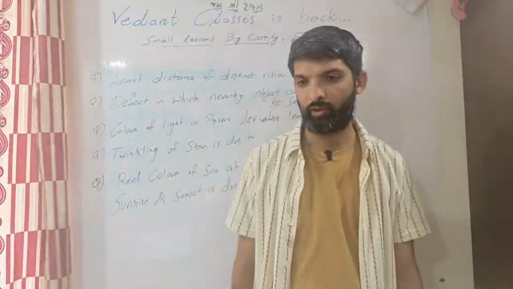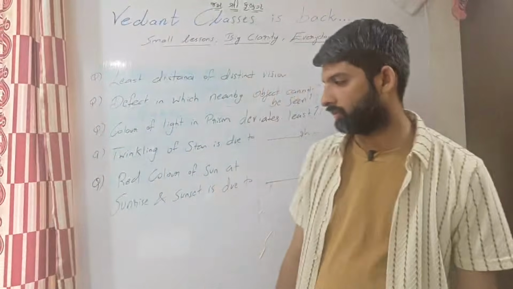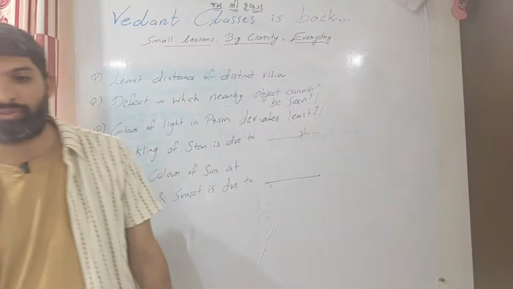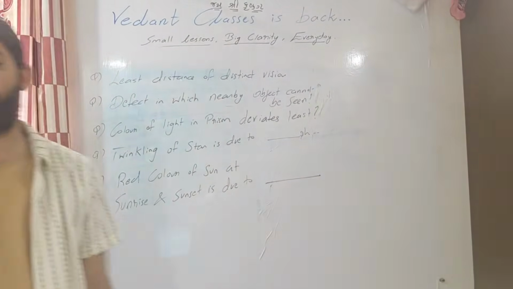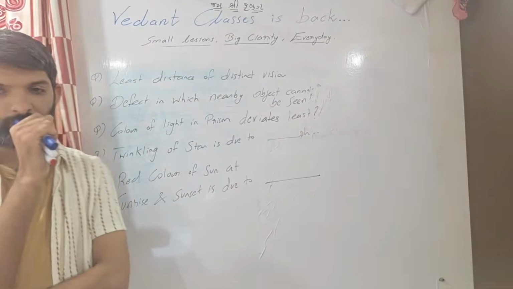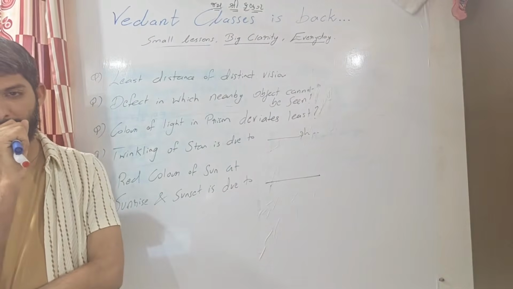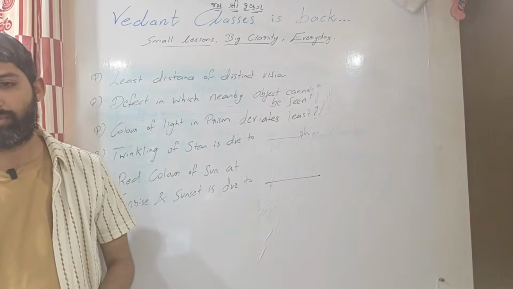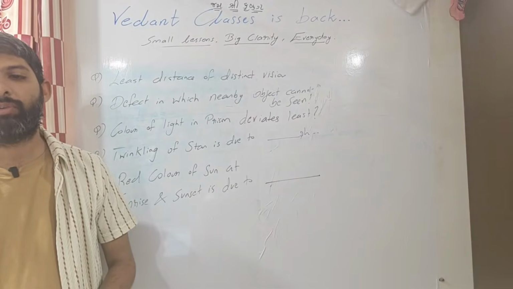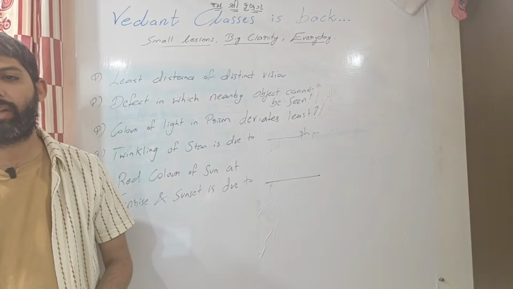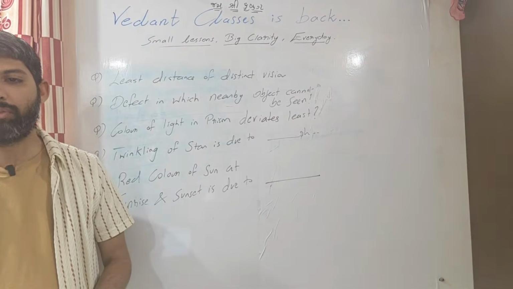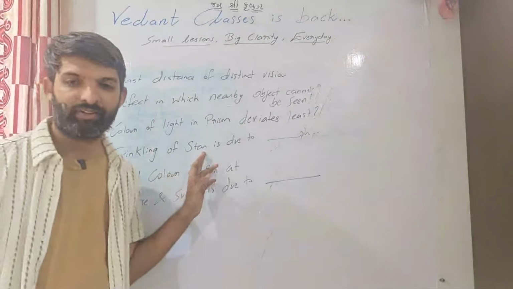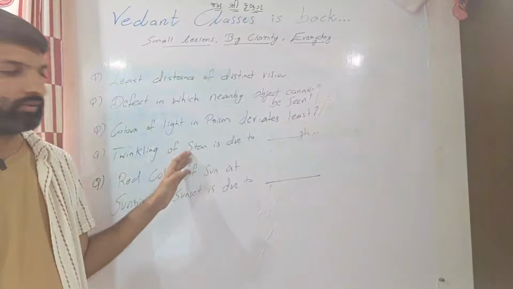Very important question. Red color of sun at sunrise and sunset is due to scattering. Okay. See, advanced sunrise and delayed sunset is due to atmospheric refraction.